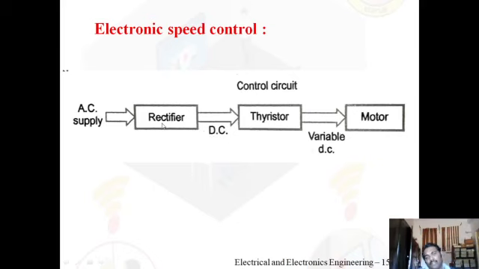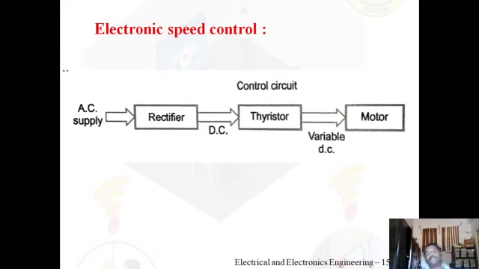Here, the rectifier action can be done with the help of diodes. We have seen the half wave rectifier, full wave rectifier, and bridge rectifier, so different types of rectifiers. If you go through the operation, the output of a rectifier will be a DC voltage.